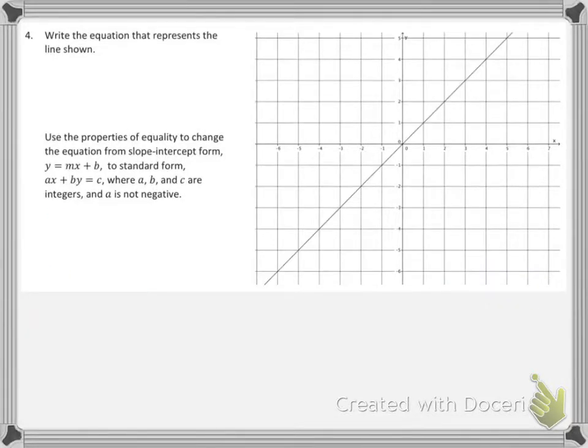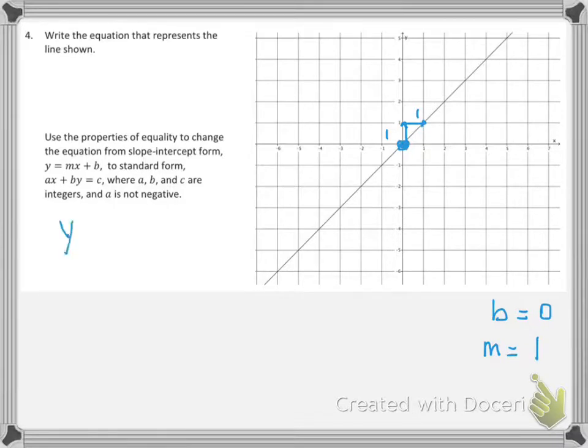Okay, number 4, write the equation that represents the line shown. This time we cross at 0, so my b value is 0, and my slope is, well, I can go up 1, that's a positive 1, and right 1, that's a positive 1, so slope is 1 over 1, which is 1.